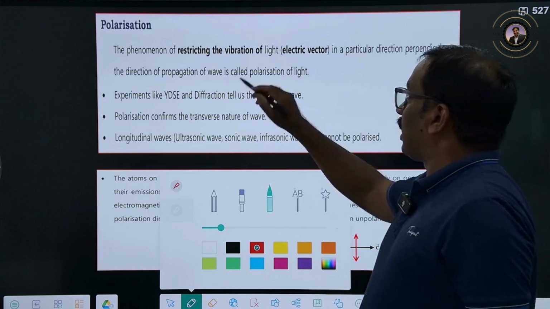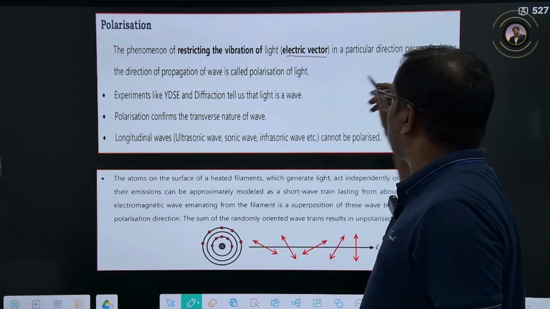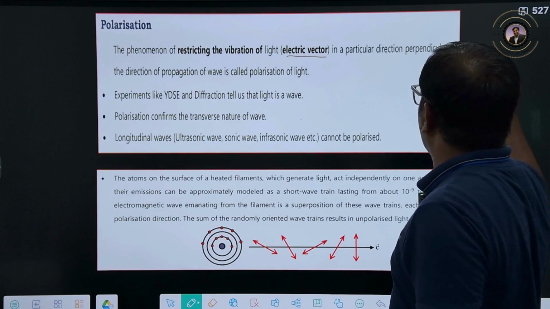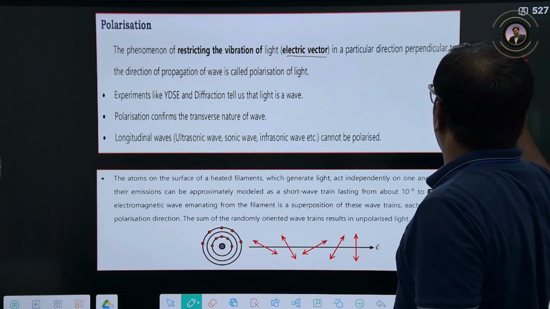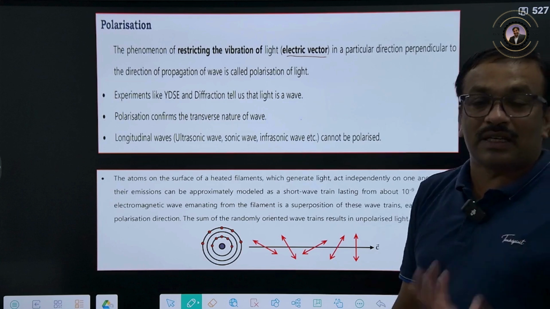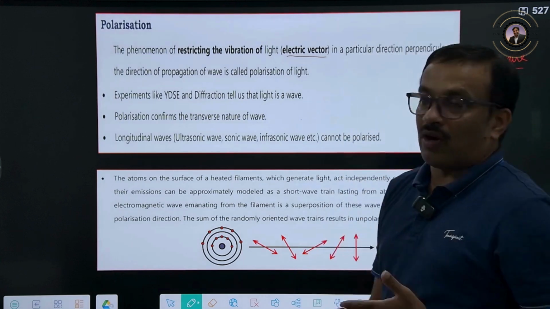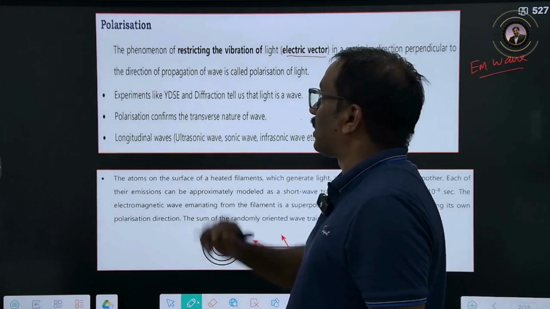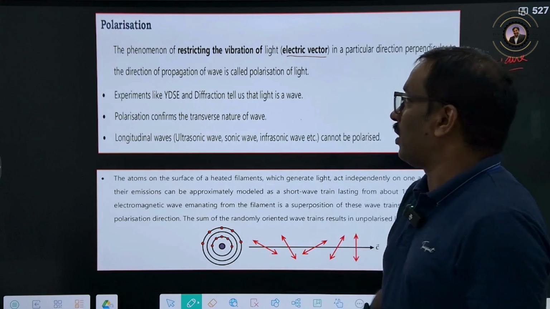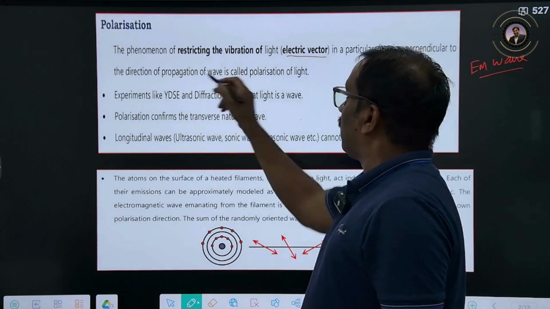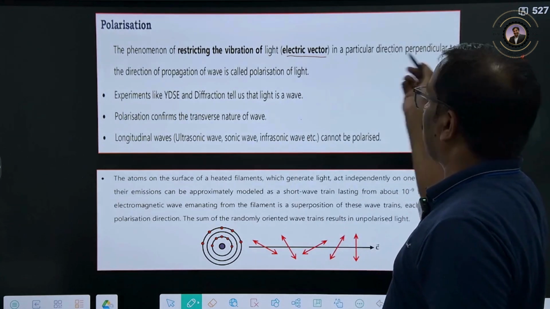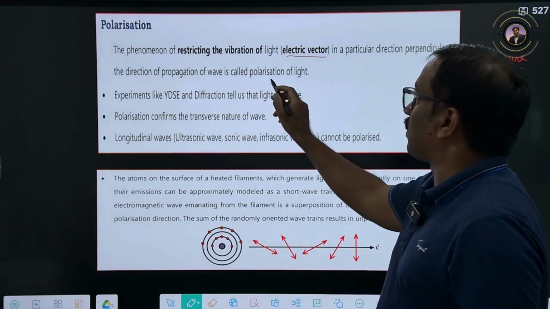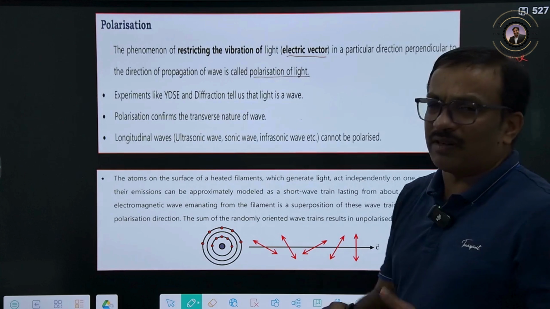Especially the electric vector, since we know that light is an electromagnetic wave. We are restricting the light to oscillate or vibrate only in one particular plane, and that we call polarization. A particular perpendicular direction to the direction of propagation of the wave is said to be polarized light. That means we are restricting it.